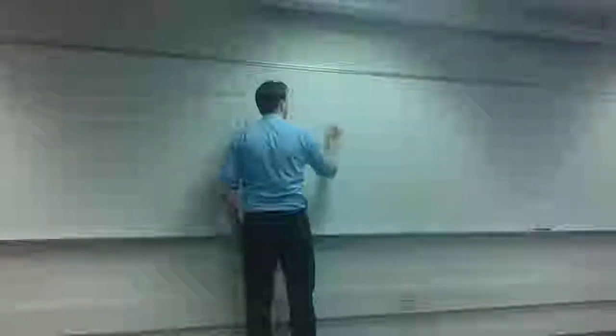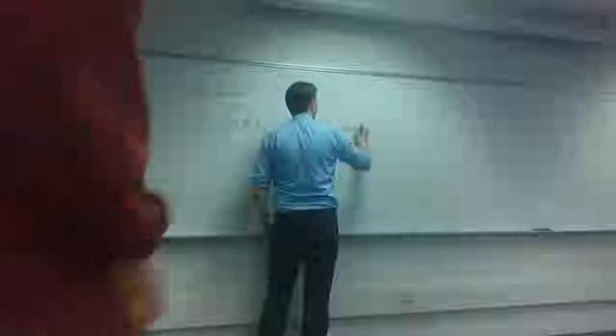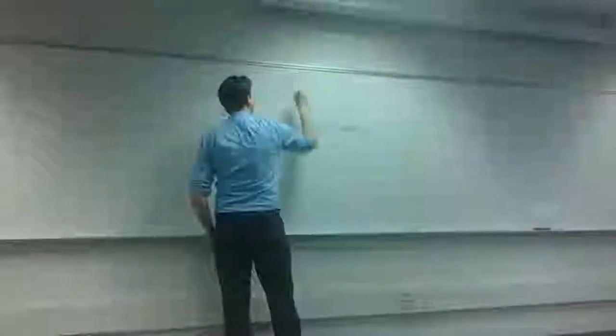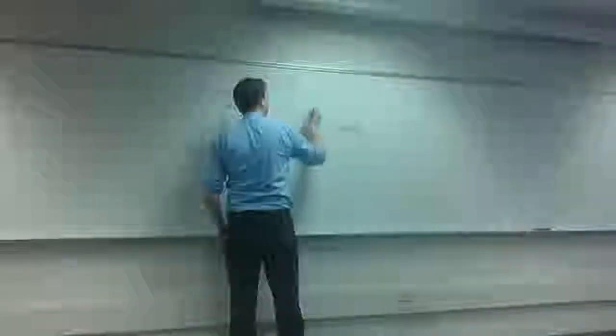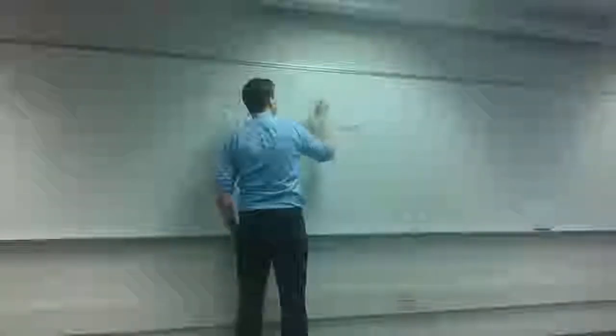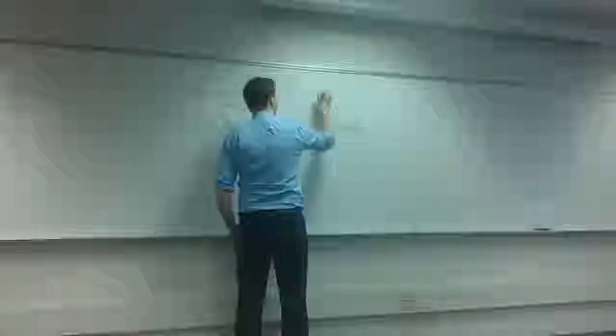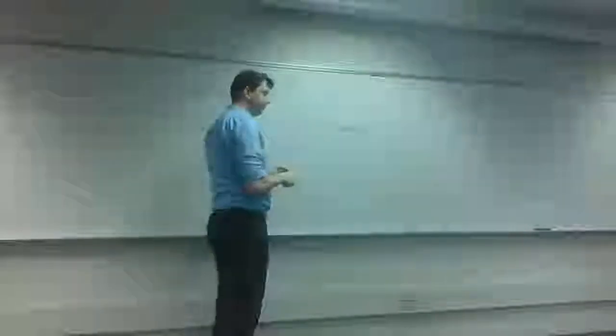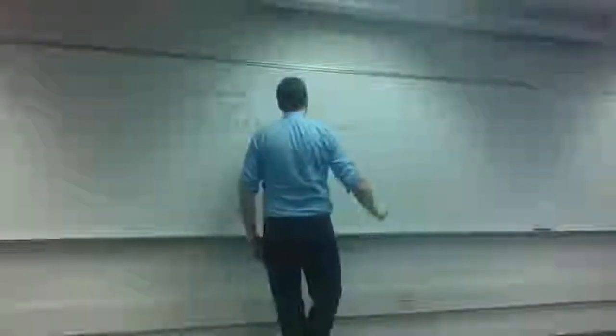Recall, we can set this up as age and height, as we did last time. And I drew a line of best fit. Some of these points are going to be right on that line.